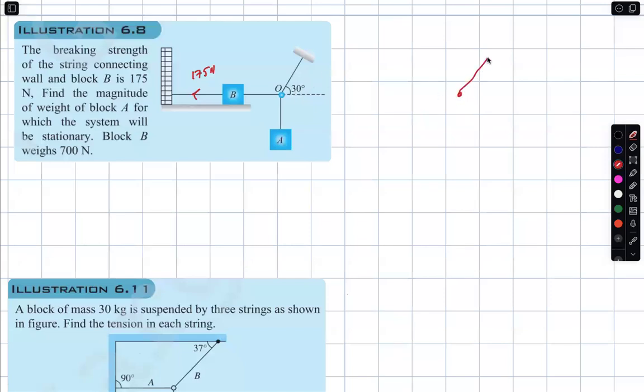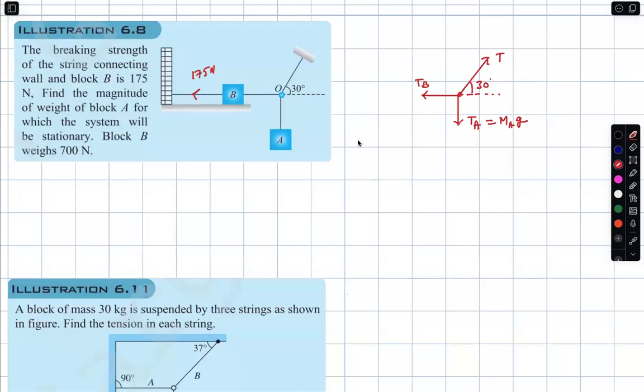I'll write this as tension T, this as tension TB, and this as tension TA, which is equal to MAG. And don't forget the angle 30 degrees over here.